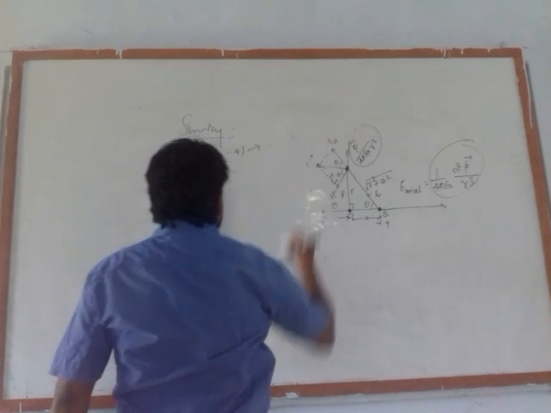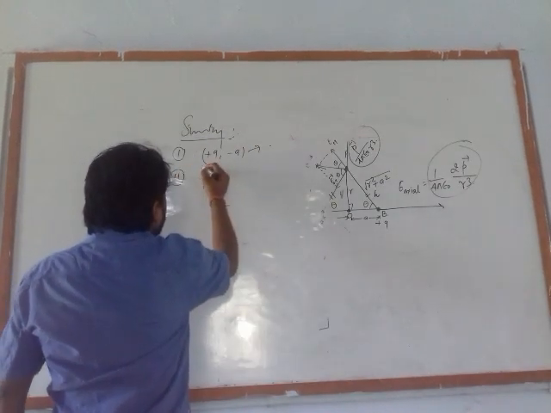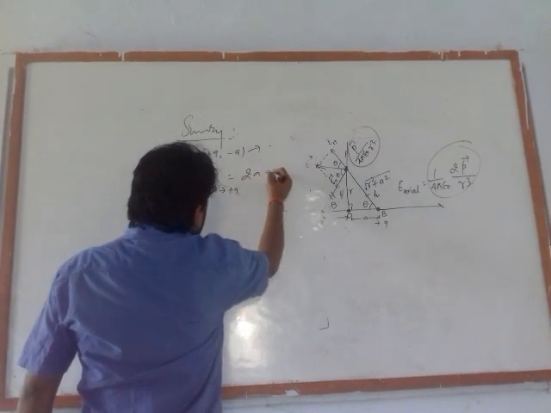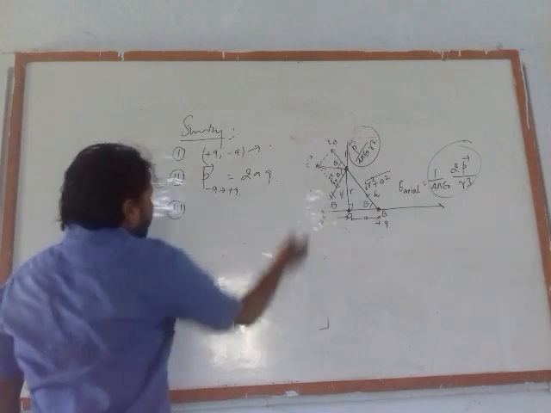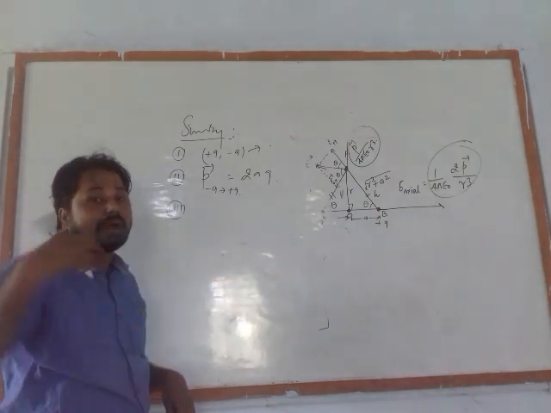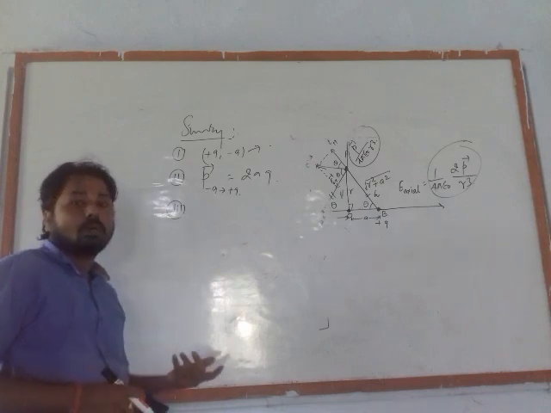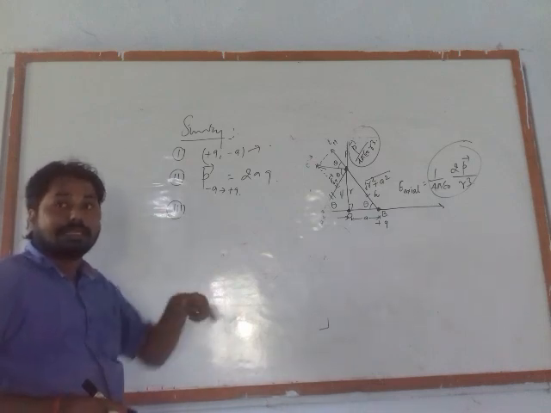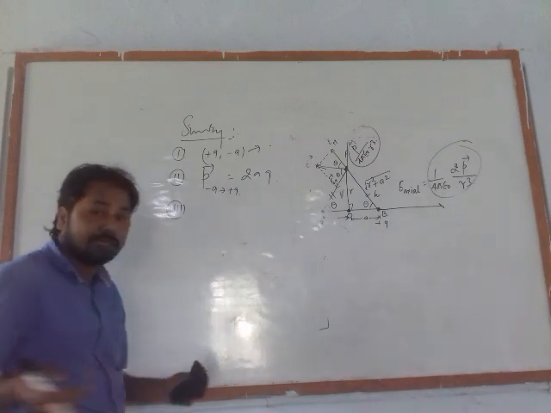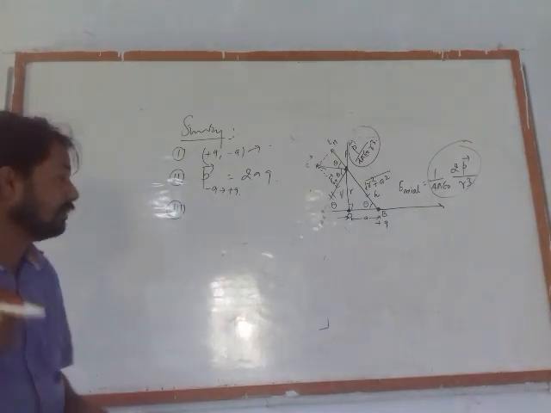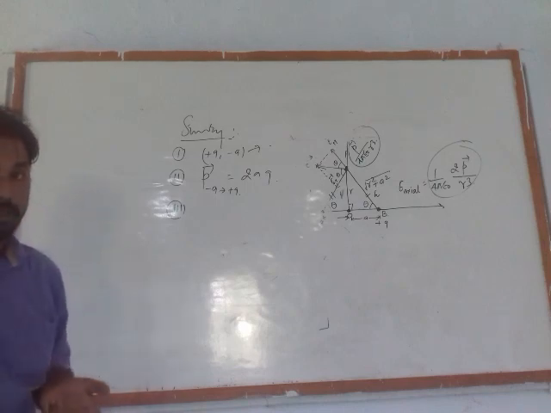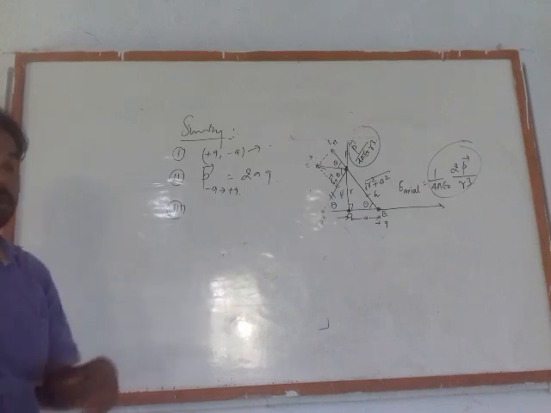One such pair is called an electric dipole. The dipole moment has direction from negative to positive, and it is 2aq. You know the electric field is charge by the square of the distance, with k in SI or CGS units. You can write either 1 by 4 pi epsilon naught, or use k equal to 1, but you have to specify whether you are taking CGS or SI units.